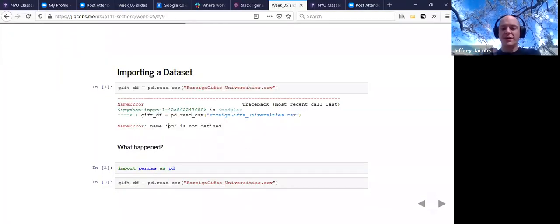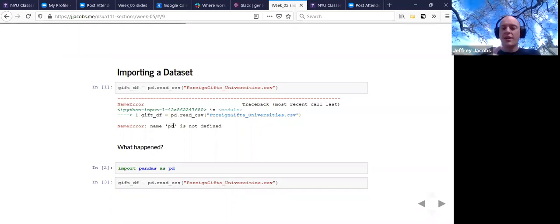So we say gift df equals pd.read underscore CSV, foreign gifts universities.csv. And we get a NameError, PD is not defined. If you see this NameError, it's one of the most common Python errors, and it means one of two things.